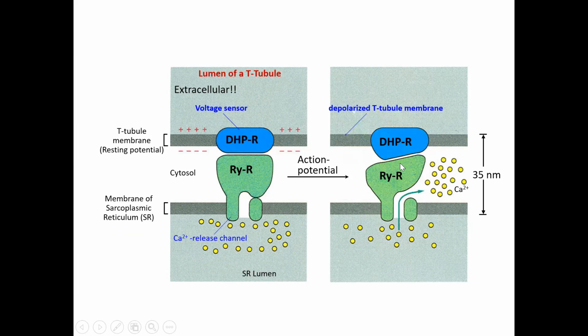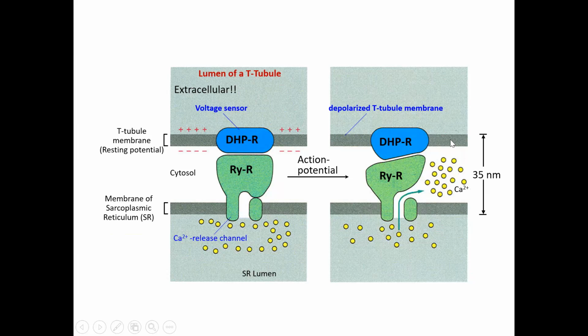This conformation change of these receptors changes the conformation of the ryanodine receptor. You see the ryanodine receptor was like this and now has this shape. And this change of the shape opens this channel. You see the channel is closed here and now it opens.